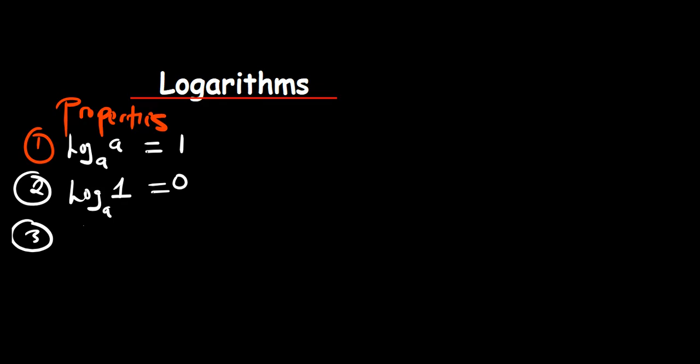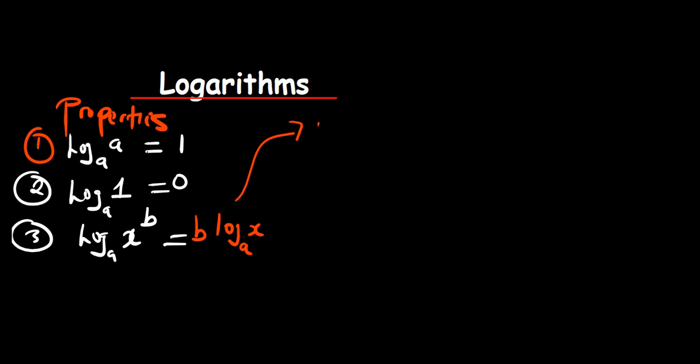Then if I've got a log of x to the power b, in base a, because we have a power, the power is going to drop, and when the power drops, I'm going to have b log x, and our base is a. So that's how you are going to simplify that one. Let me give an example.